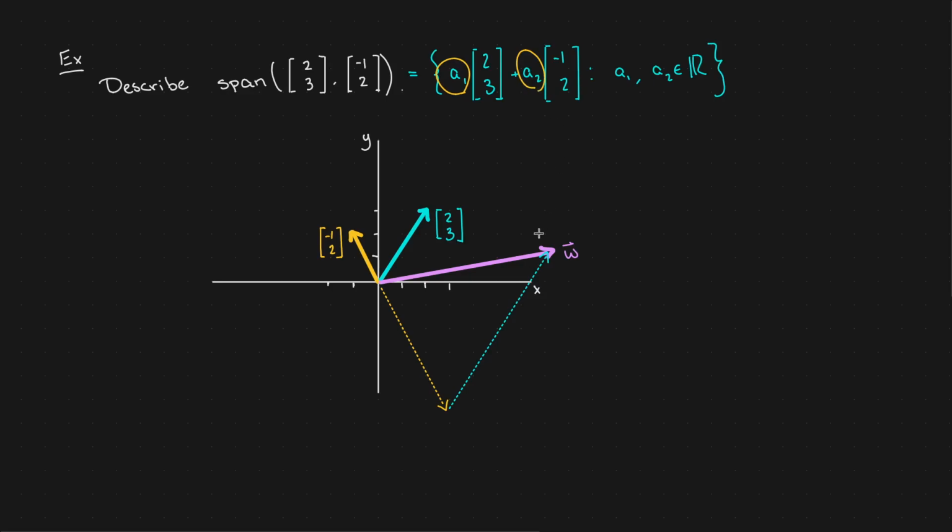The scalar determines how far we go, and if we multiply it by a negative, we could also go backwards. So these two vectors span the whole plane.